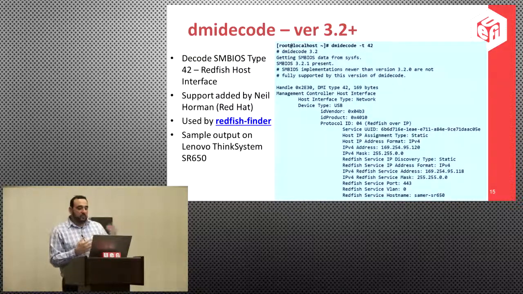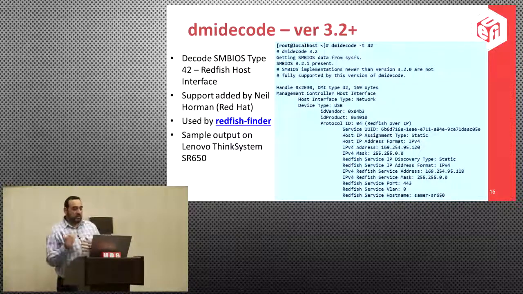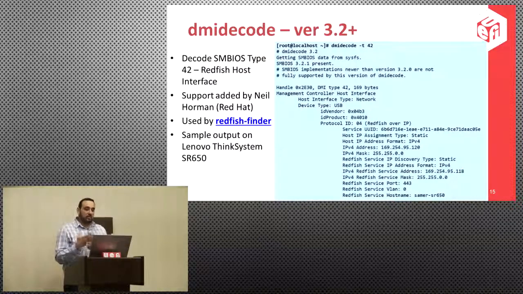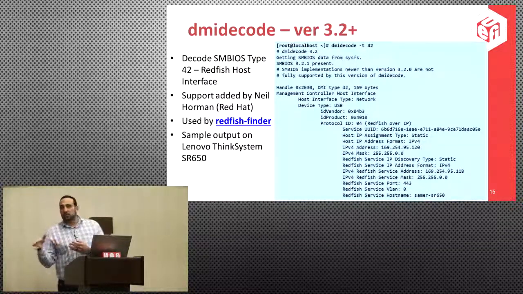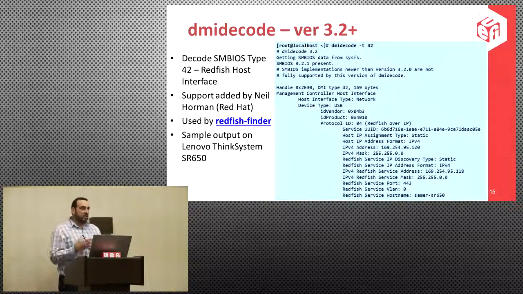And if you see the tables that John was presenting a couple of slides ago, the type 42 describes the physical interface, and this particular Lenovo server that I tested this on happens to use a USB network device that connects the BMC and the host. So you have the USB device IDs.